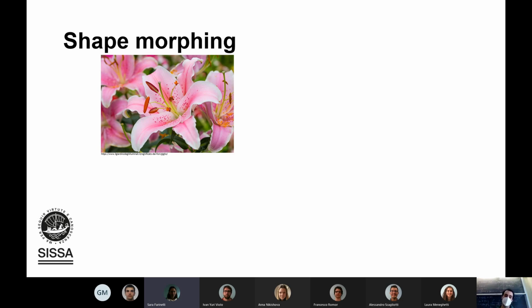So for example, it's interesting to study how plants, flowers, and trees grow, and how they morph themselves. But this is also important in applications.